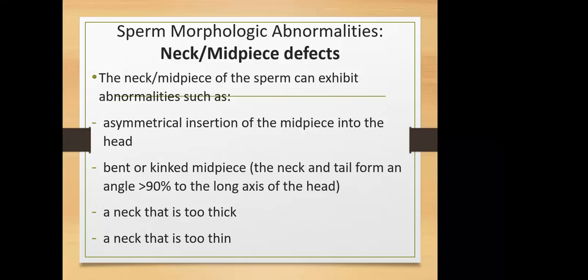It should not be too thick. It should not be too thin. Any wet mount that you prepare should not be too thick or too thin. If it's too thick, you obscure a lot of the material that you have to see. If it's too thin, you are likely to miss a lot of the material that you have to see. So you have to know the difference. So if the neck is too thick, it's a problem. If it's too thin, it's also a problem. All right. Good.